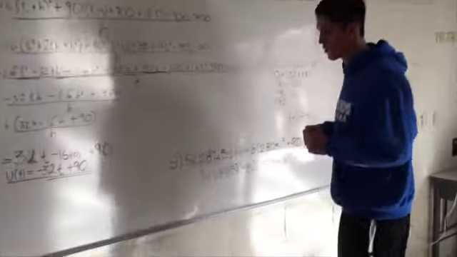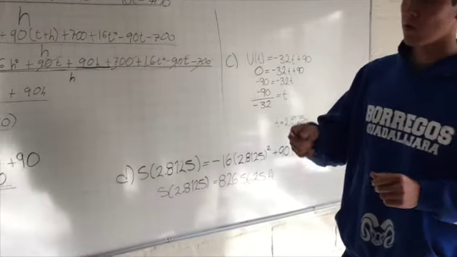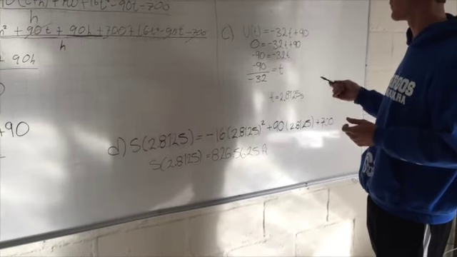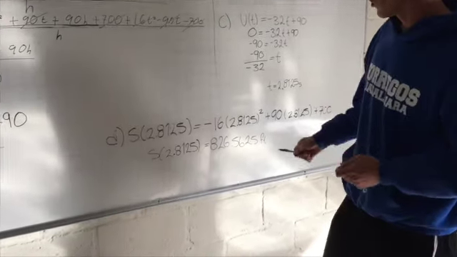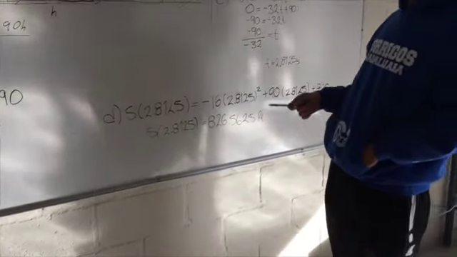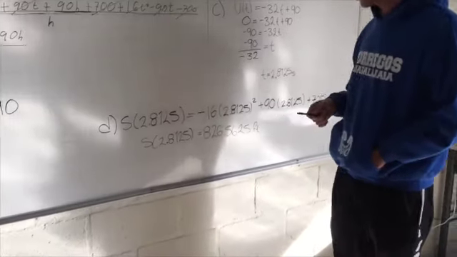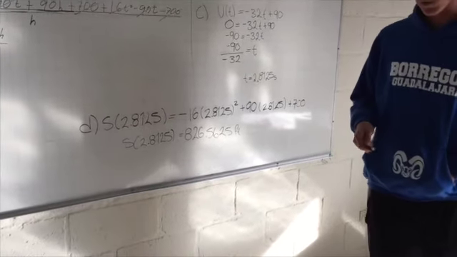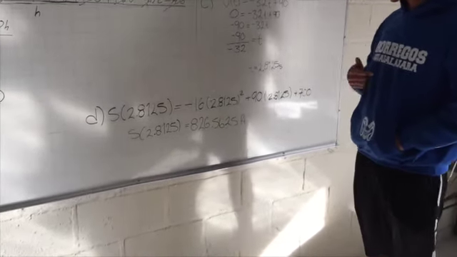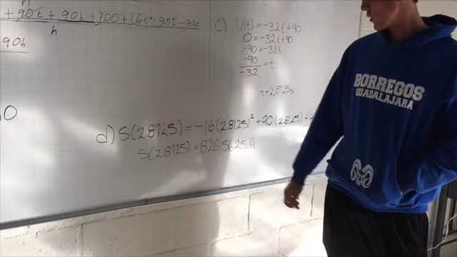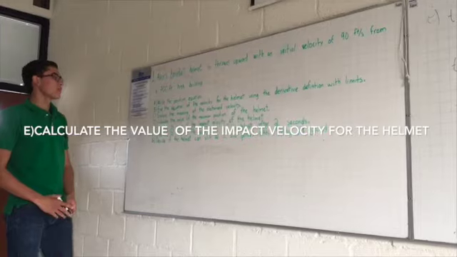So to get to the result, you have to use the position equation, which is the first one, and then you substitute for t because you got it in point C. So you substitute, and it gets s of 2.8125 equals minus 16 times 2.8125 squared plus 90 times 2.8125 plus 700, and then you get 826.6625 feet.